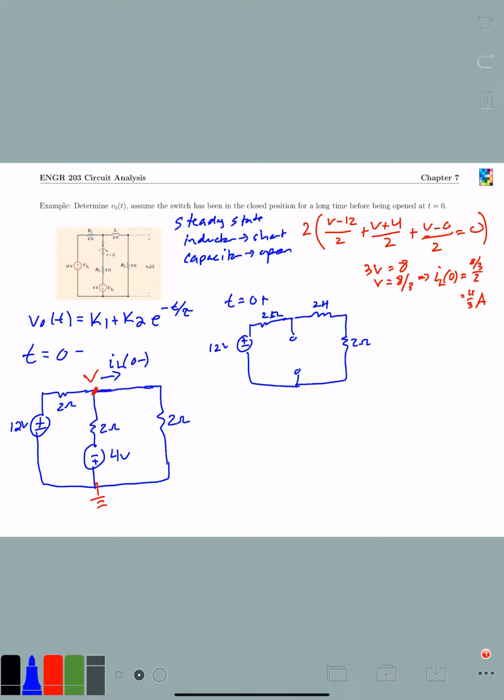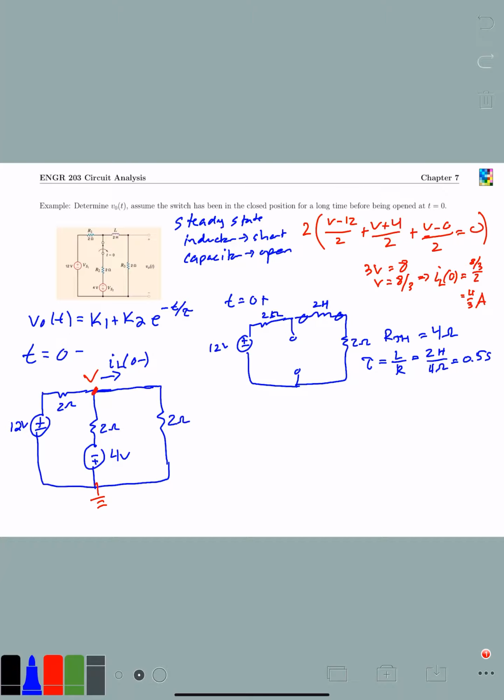And we need to find our R Thevenin with respect to that inductor. In that case, these two resistors are going to be in series, so we're going to have 4 ohms. Then the other formula is that tau is going to be L over R when you have an inductor. So that would be 2 henries over 4 ohms, or 0.5 seconds. That gives you your tau for this one.